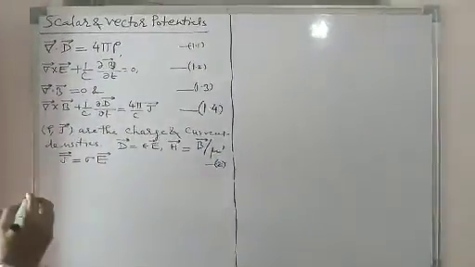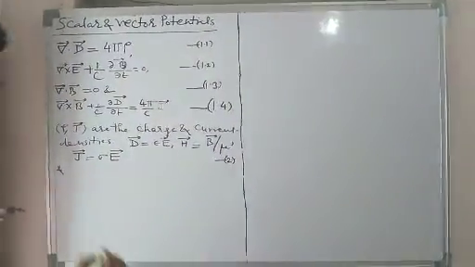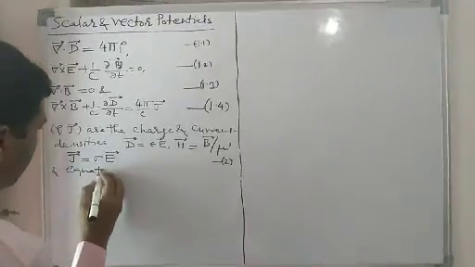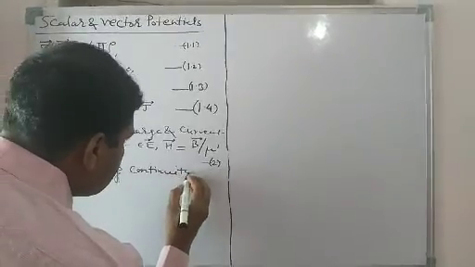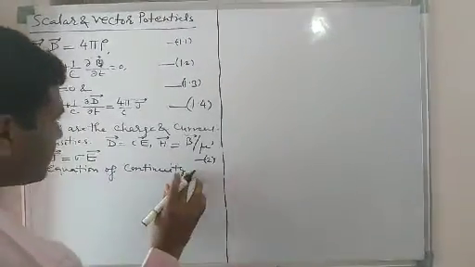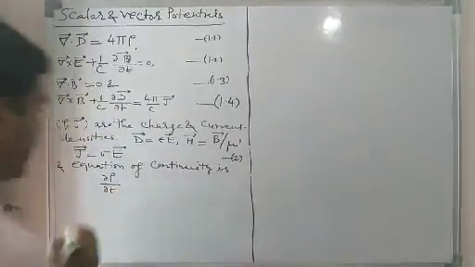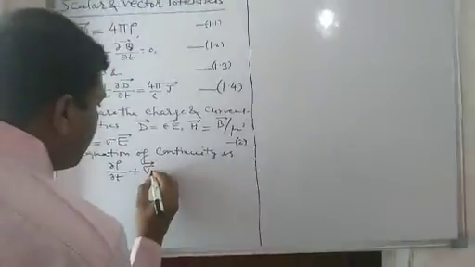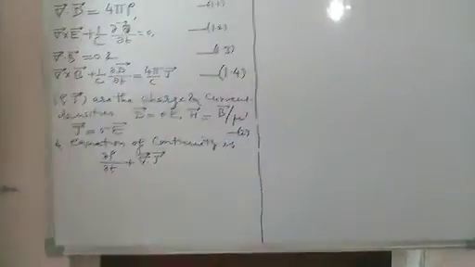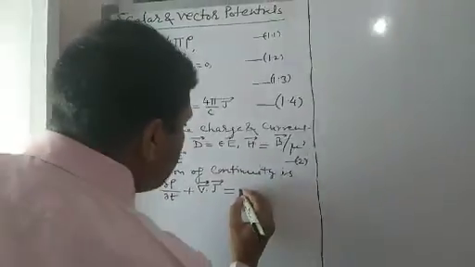Using these equations, we had also found the equation of continuity, which was the following. Because we have both charge and current, and electric and magnetic fields present, we have del rho by del t, the rate of change of charge density, equal to minus the divergence of the current density.